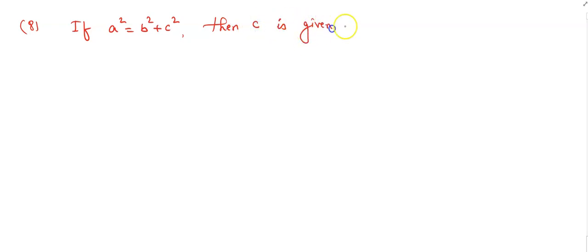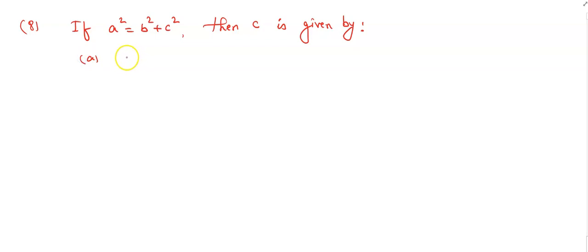This is also an examination question. Question number 8: if a square is equal to b square plus c square, then c is given by? They have asked this question in the exam.